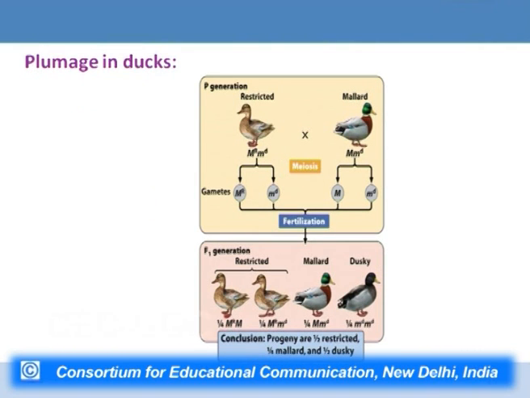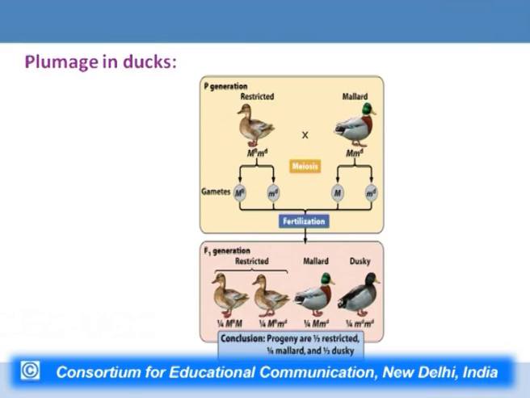Whenever any restricted individual is mated with a mallard who is M and MD, and restricted is capital MR and MD, the individuals can be formed either of restricted mallard phenotype or mallard phenotype or dusky phenotype.